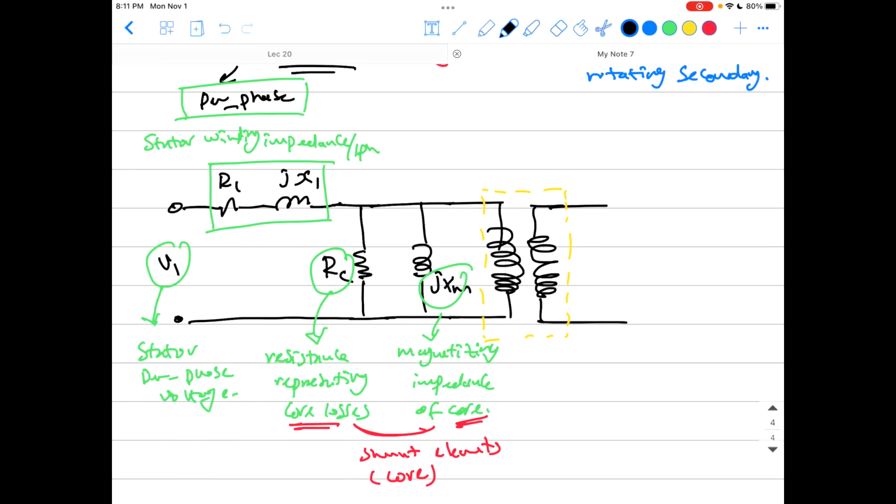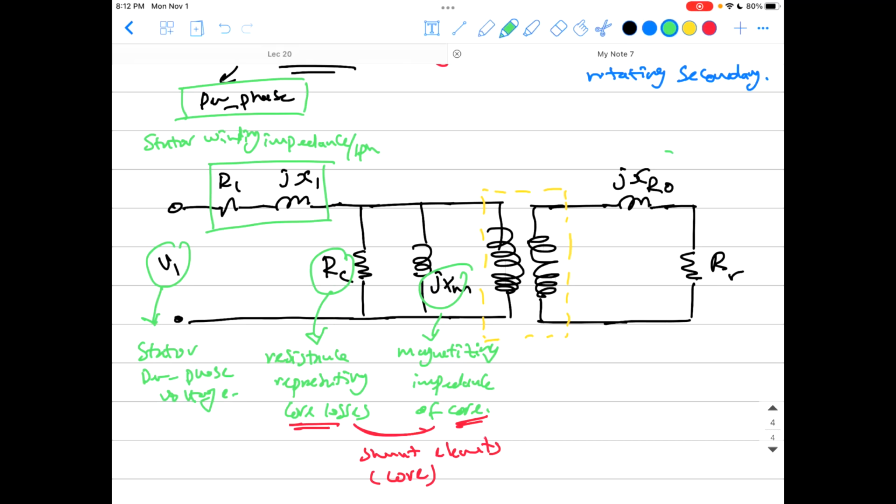Again, the same idea. The voltage is going to the rotor winding. You will lose some of it on the impedance of the rotor, which is JXR0. And here is a resistance also of the winding, which is R rotor. Okay, guys?